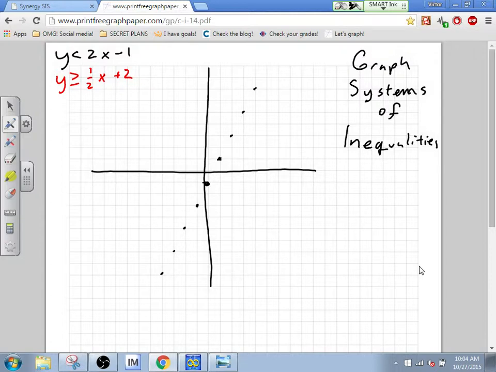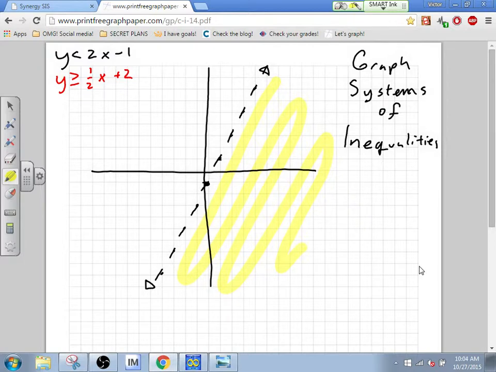Dashed. So I'm going to make a dashed line. And then, y is less than, do I shade above or do I shade below? Below. Like that. Okay? So that's the black line.